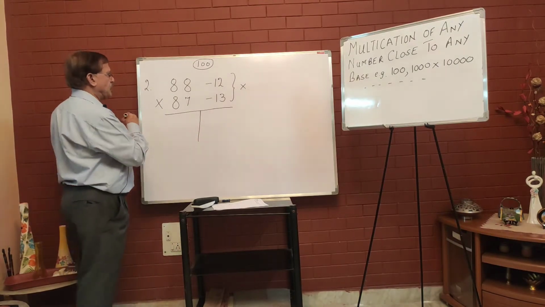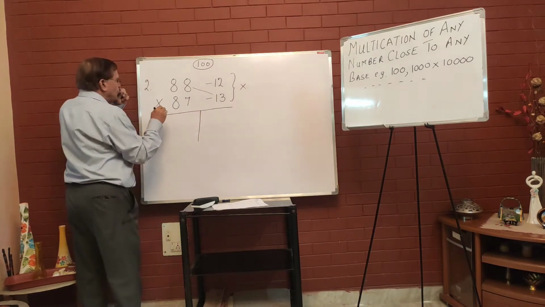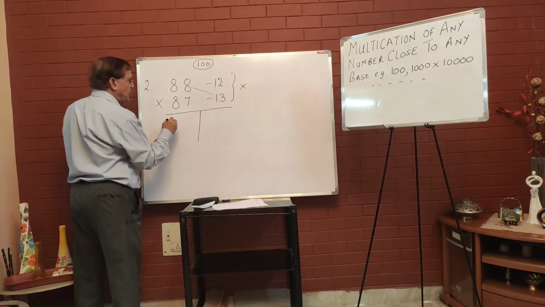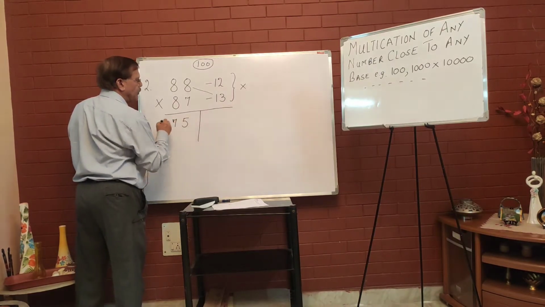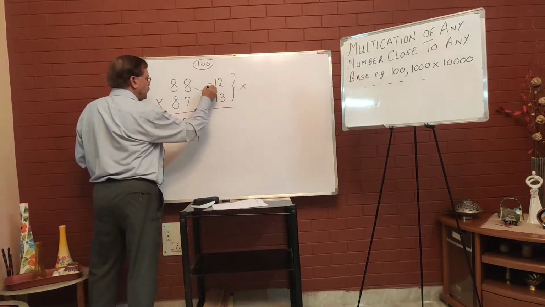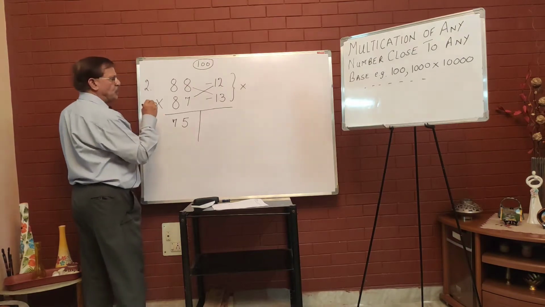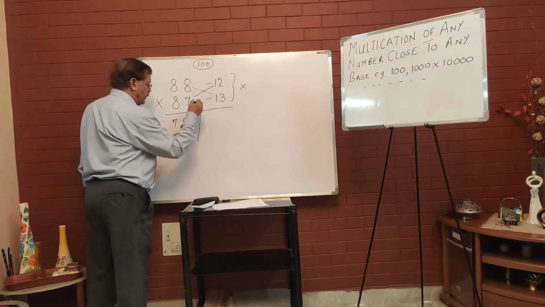Now the first part is 88 minus 13, which will be 75. Or you can take this part, 87 minus 12, which also will be 75. And this is the LHS.